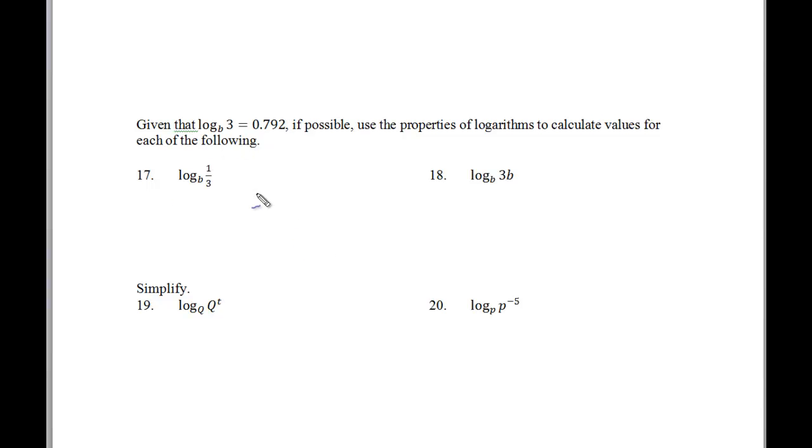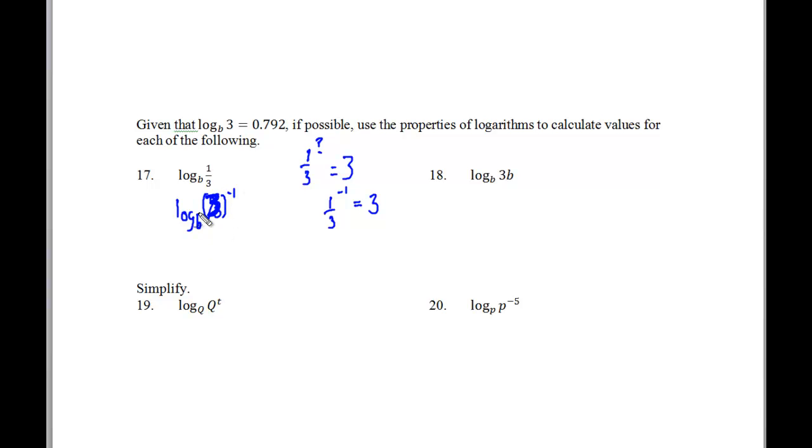So we have to think to ourselves here, how can I take 1/3 to the what power would give me 3? So 1/3 to the what power will flip it on its head? And the answer to that is -1. 1/3 raised to the -1 power flips this reciprocal and makes it 3 over 1, or just 3. So if I change this problem to log base b of 1/3 raised to the -1 power, I can then change it into this. So this 1/3 changes to a 3, and it gets rewritten like that.